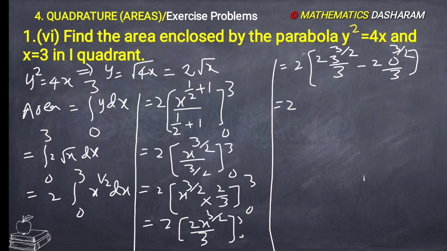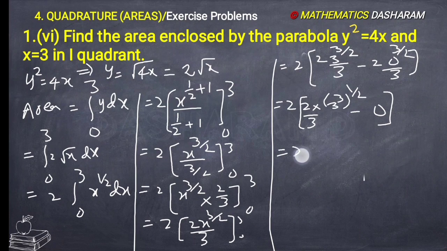So it is equal to 2 into 2/3 into 3 to the power of 3/2, which we can write as (3 cube) to the power of 1/2, by 3. The second term, the total answer, is 0. Now 2 into 2/3 into the square root of 3 cube, because the power is 1/2. So 2 twos are 4 by 3 into root 3 cube.